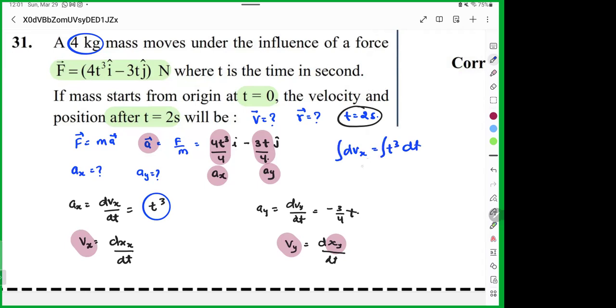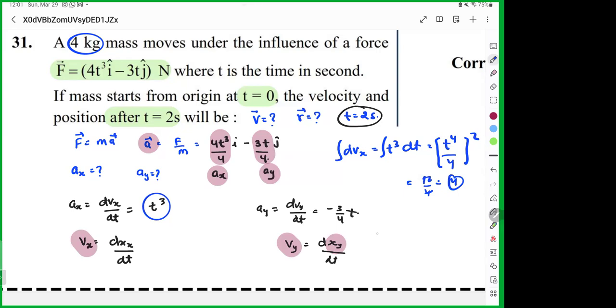Integrating both sides, what is the integration of t cube? It will be t to the power 4 by 4. Correct? And you put time value 2. What is 2 raised to power 4? 16 by 4. So your velocity in the x-axis will be 4. Correct?